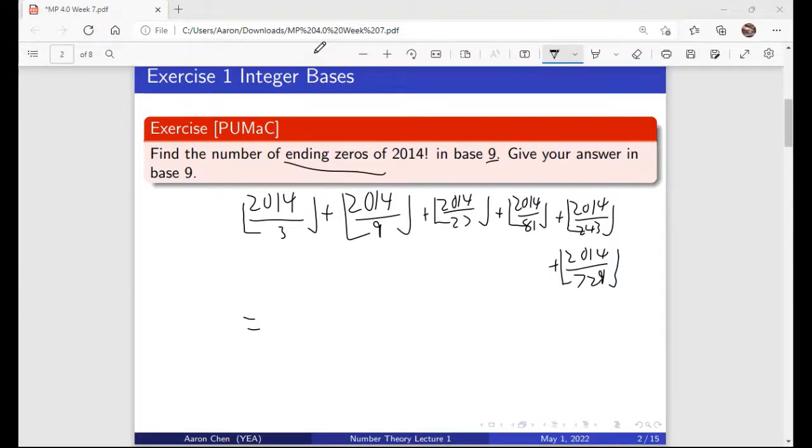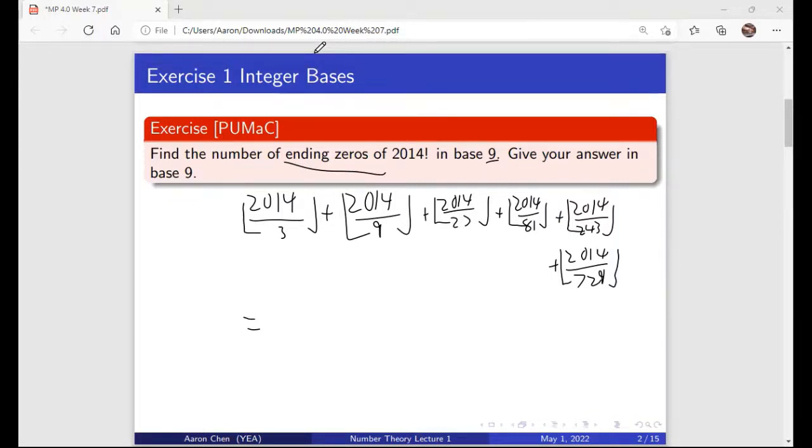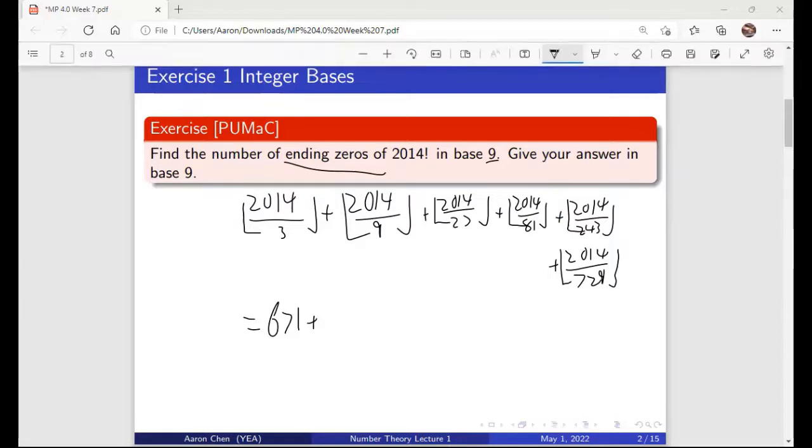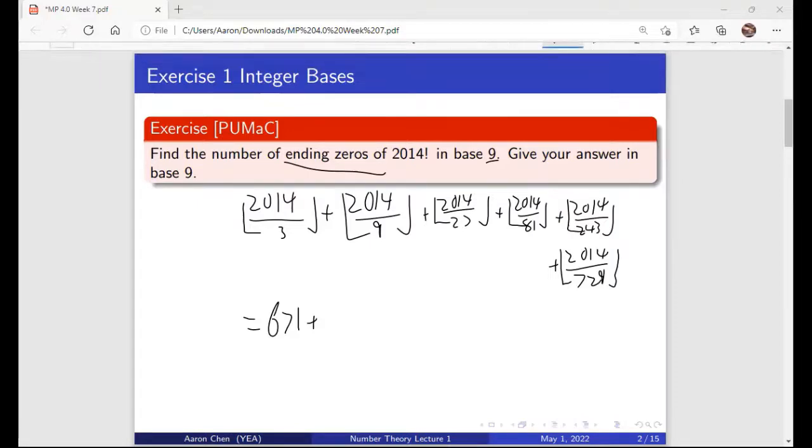Okay, sorry about that. So this is just equal to 671 plus the floor of 2014 over 9, which is simply 223. And then what you add next is the floor of 2014 over 27, which is 74.